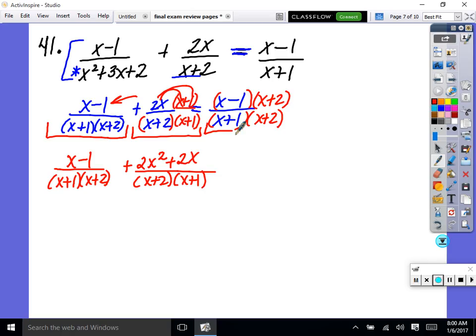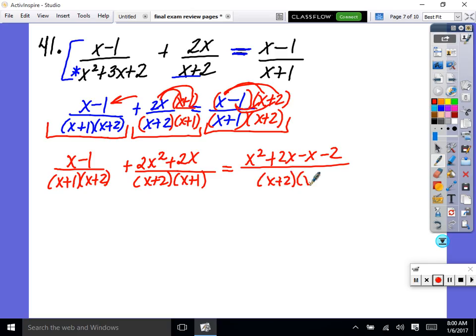Now focusing on this piece, we've got to double distribute and combine like terms. So we have our equal sign. And now we're distributing with the top here and combining like terms. x squared plus 2x minus x minus 2. And that's all over x plus 2 and x plus 1.